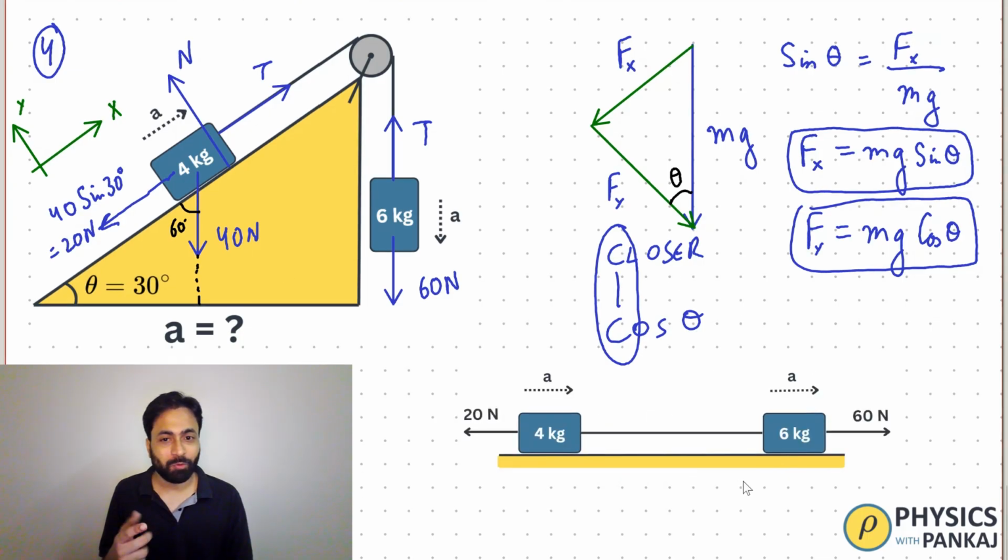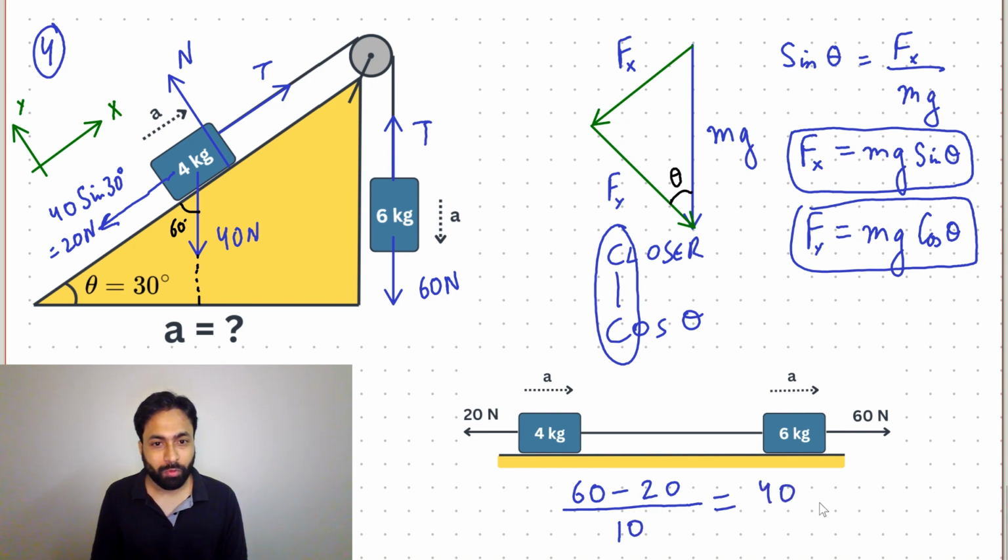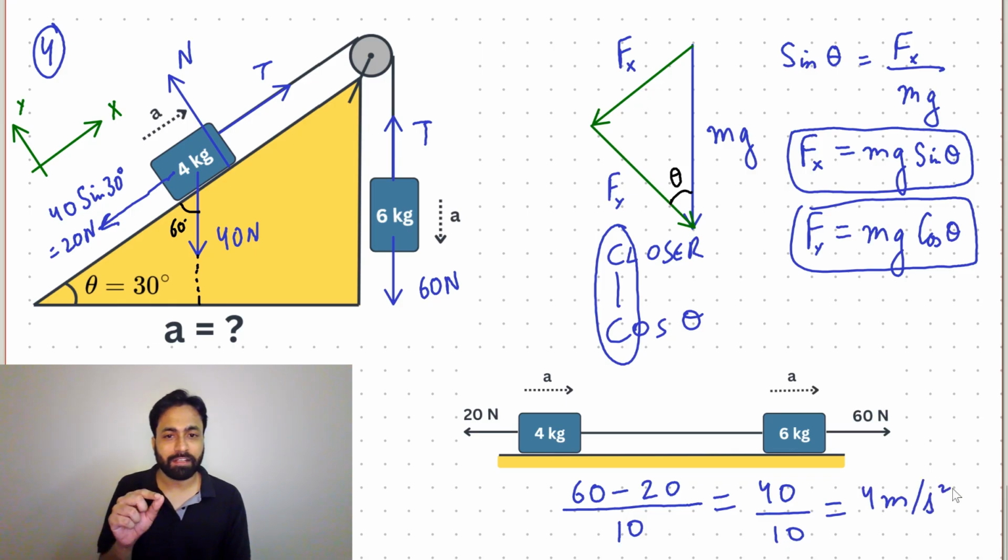Well, I don't know about you, but this looks quite familiar to me. If you think about it, it's quite similar to the first problem that we did. We have a 60 Newton force to the right and a 20 Newton force to the left. So the net force is 60 minus 20. And if I divide it with the total mass of the system, that is 4 plus 6 or 10, I would get 40 over 10, that is 4 meter per second square, as the acceleration of this system.